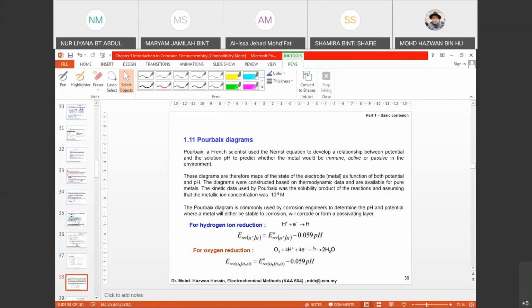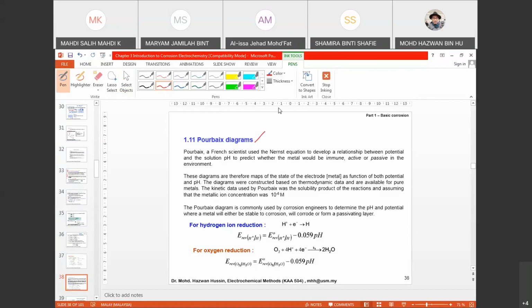It functions like a phase diagram, but a phase diagram relates temperature with composition, whereas a Pourbaix diagram is a correlation between potential and pH.